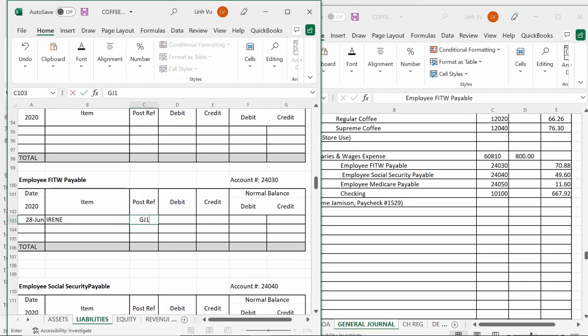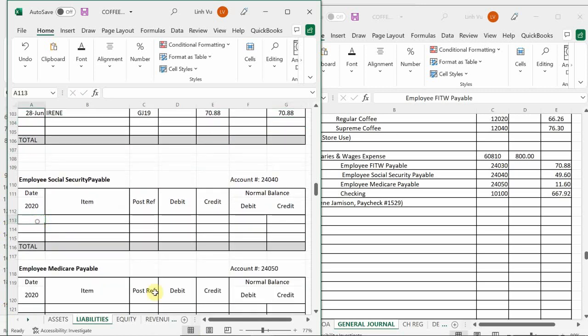We're on Journal 19. And she's racked up a total of $70.88 worth of federal income tax withholdings. She's also claimed a total of $49.60 to her Social Security. Okay, so $49.60 to her Social Security.